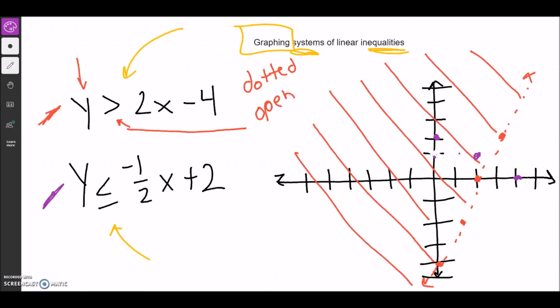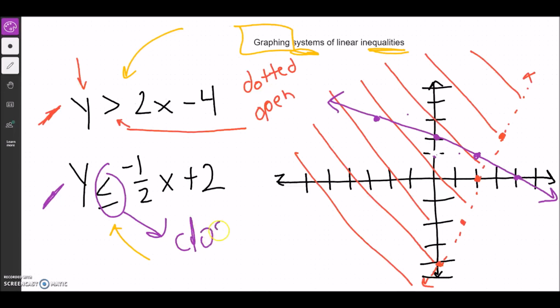Or in reverse, up 1 and 2 to the left. Now I would draw a solid line for this, because of the underline sign in this one, because this is closed. And this would shade below, because y is less than the line.